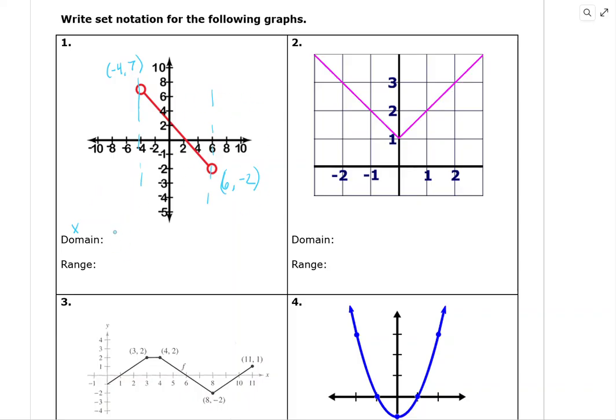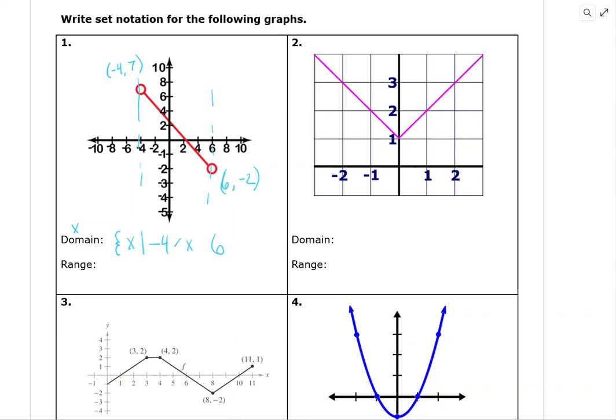So when we're writing our domains, we are saying x such that our lowest x value is -4, and our highest one is 6, and our x in the middle, right? We know that because these are open circles, we're not going to have the equal to signs.